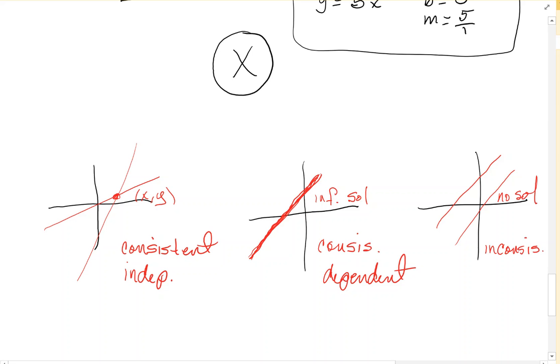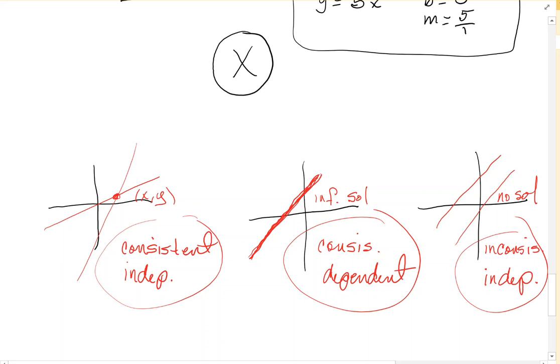I think it's on page 360. I can't read that last number. And on the next page, there are similar drawings. This is inconsistent, but these are not the same line, so it's independent. So I didn't write those all out. My personal opinion is that these labels are not all that important.